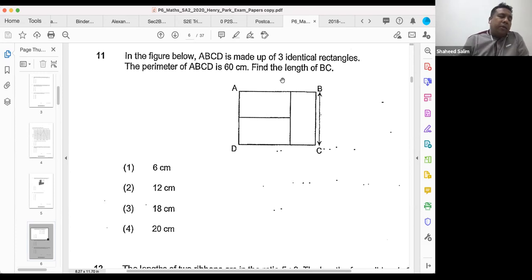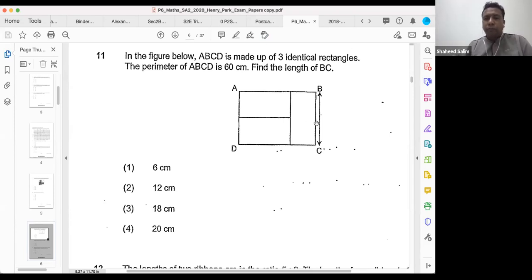How many breadths are there in the perimeter? 4 is not correct. Maybe you're too tired already. Can you see that?